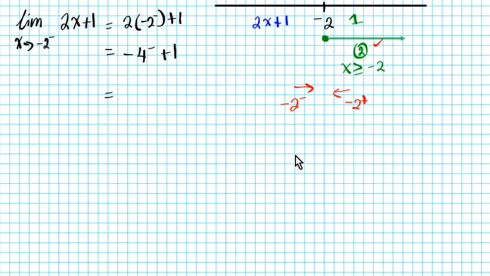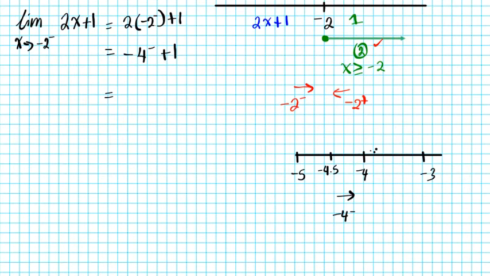This is negative 4 right here, and then negative 3 is to the right, and negative 5 is to the left. So negative 4 from the left, you're coming from this direction. So between them is negative 4.5.